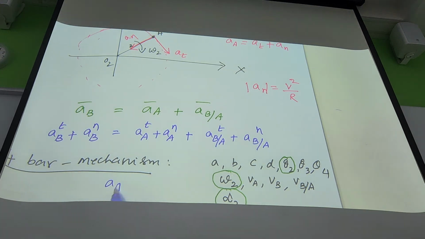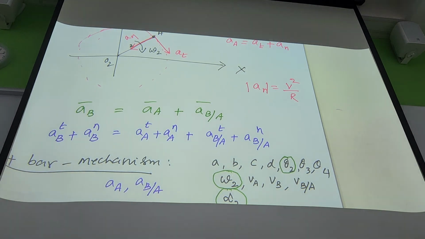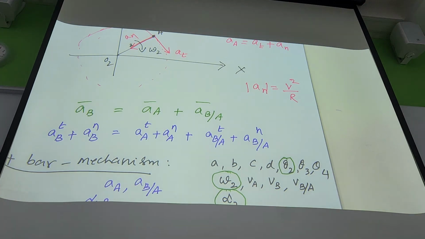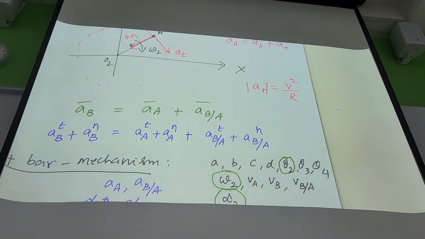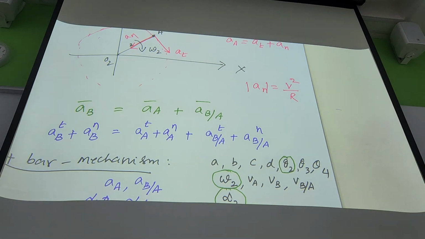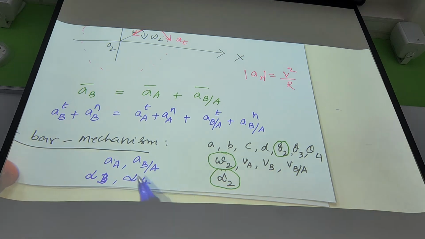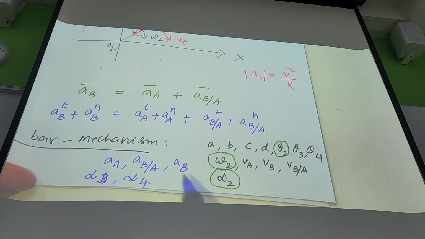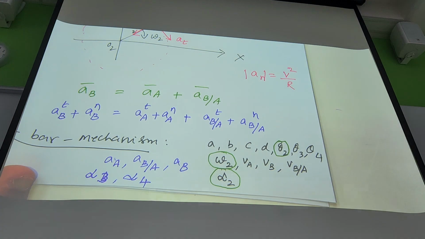We need to calculate the acceleration of A, the acceleration of B to A, then the acceleration of B, then the angular acceleration of link 3 and the angular acceleration of link 4.